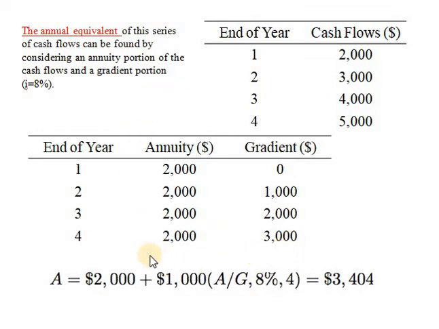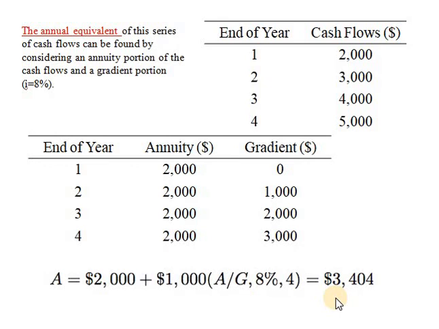What is the annuity of this annuity of 2,000? It is already annuity. So you say the total annuity is 2,000 plus. Now what's the annuity of this pure gradient? I have G of 1,000. What is the annuity of it? A equals G into (A/G, i, 4). So you just add this part with this part and you can get the annuity.